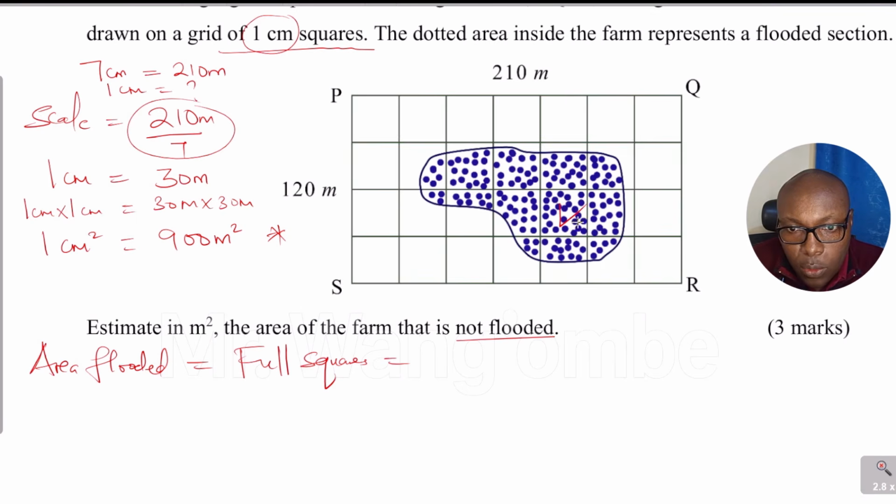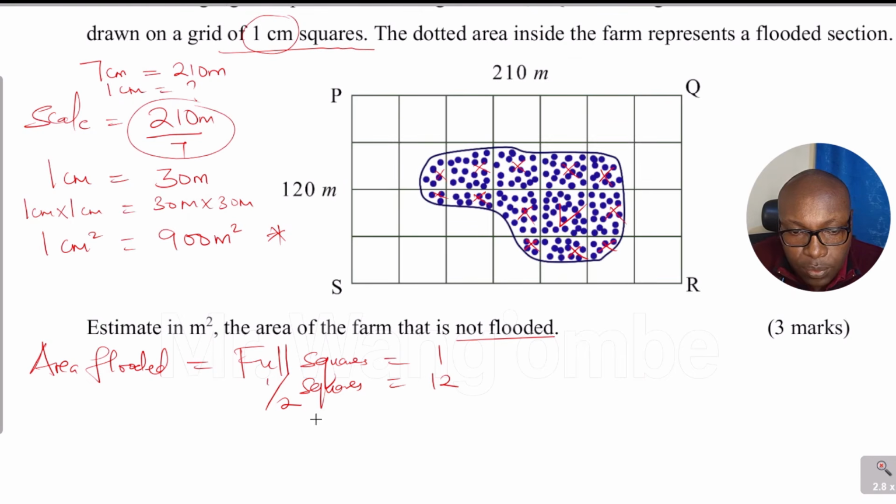I can only see one. Only this one. And then half squares, we can count them from here: 1, 2, 3, 4, 5, 6, 7, 8, 9, 10, 11, 12.